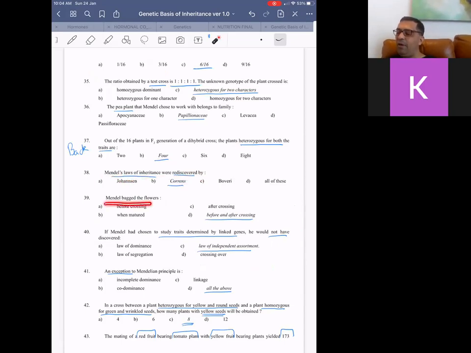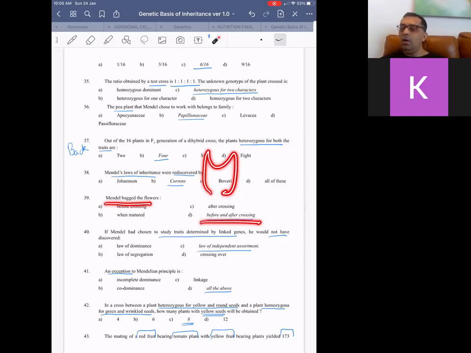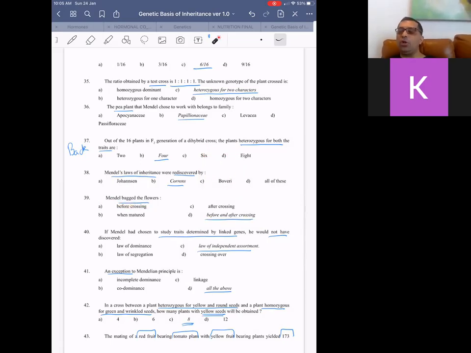Mendel bagged the flowers before and after crossing. सर मेंडल ने इमैस्कुलेशन किया. Mendel did emasculation, and after emasculation he cut the filament and anther and he did bagging.